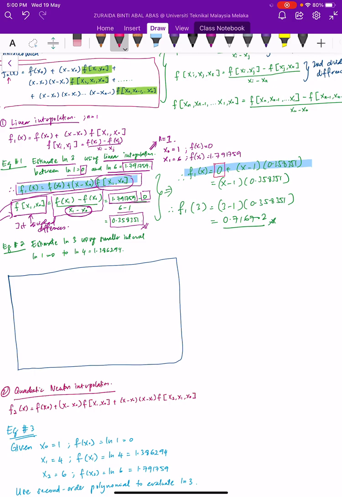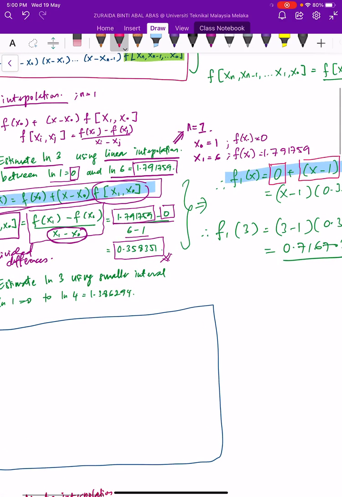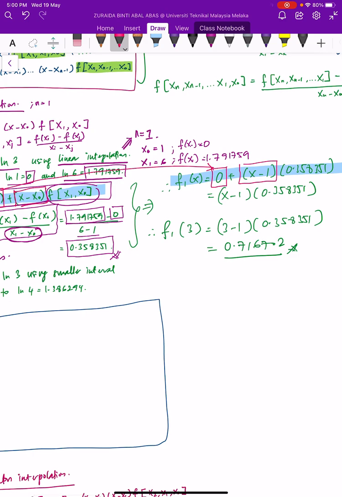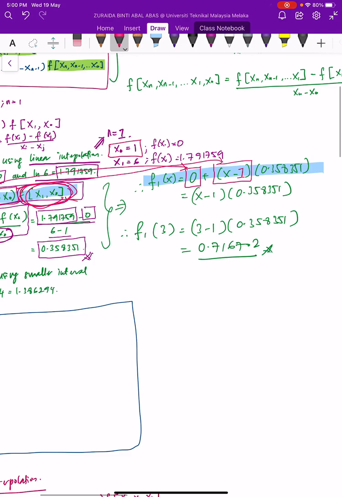This is x minus x0, and I'll just show you where it comes from. x minus x0 is x, the value we want to find, minus 1, because our x0 is 1. Then multiply by the first divided difference here.